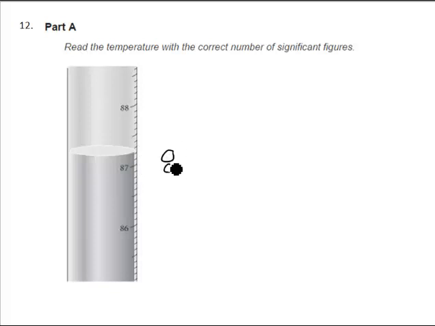In this case, we know it's more than 87, and this is 88 up here, so this is 0.1, 0.2, 0.3, 0.4, 0.5, 87, 0.1, 0.2, so we're all going to agree it's 0.2, and then it looks to me like it's even with that, so we estimate on this last one. That's where the uncertainty is, and that would be the answer I choose. Now, actually, someone might read that as 87.21 or 22 or something, but those aren't choices. And the point here is that we agree, all of us, on 87.2, and then we estimate that last one.